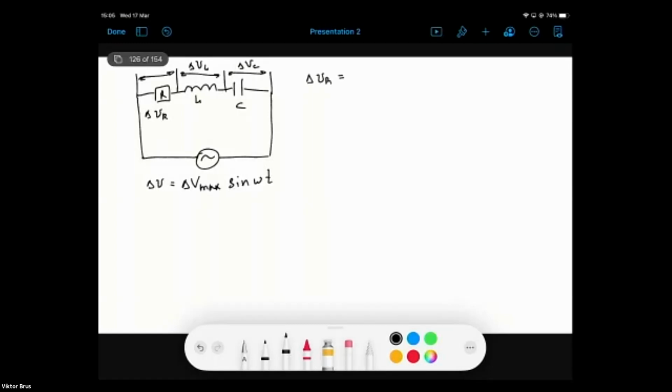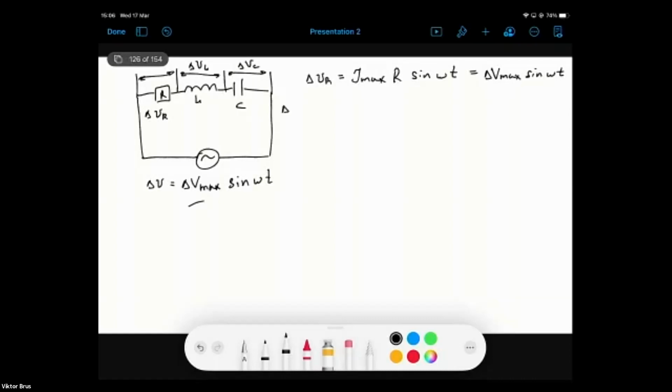Delta VR is I maximum times R sinus omega t, or it will be delta V maximum times sinus omega t. So this is actually the same voltage as we apply.